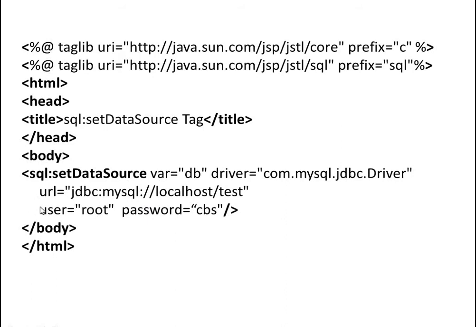And the next part is, after creating the data source, we simply provide the database URL instead of writing the method DriverManager.getConnection. So here jdbc:mysql://localhost, and then we'll write the name of the database. And if you're making the connection using SQL, then you have to provide the username and the password. So this covers two steps, the driver registration as well as the database connection, both.